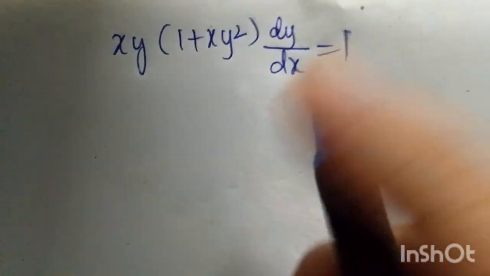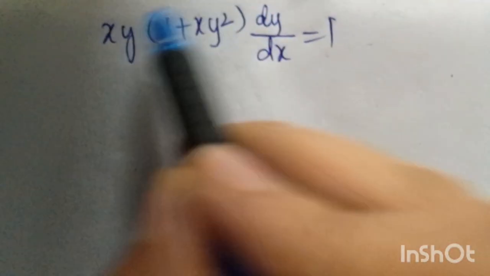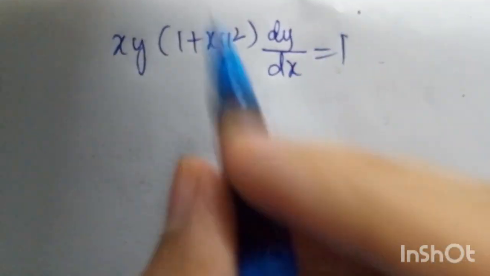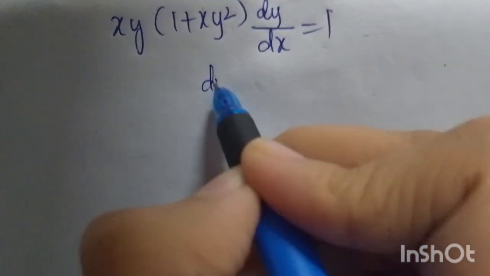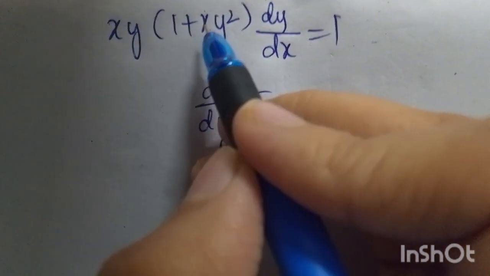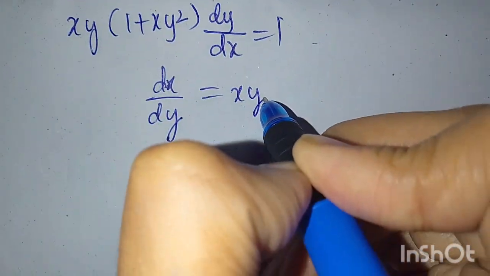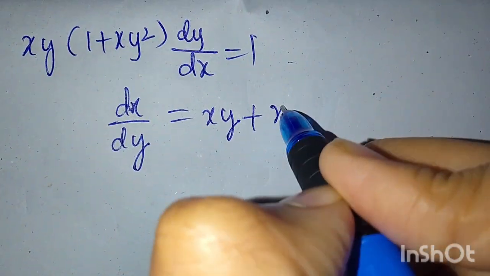So see, when I see this question, if I want to do it as a linear differential equation, dy by dx will be 1 by this. With division, I cannot do anything. So if I take the reciprocal, dx by dy, that means this side, it will come. So then I can write it as xy plus x square y cube.